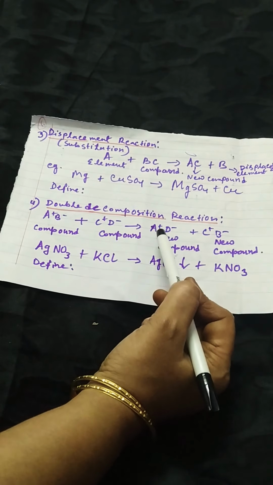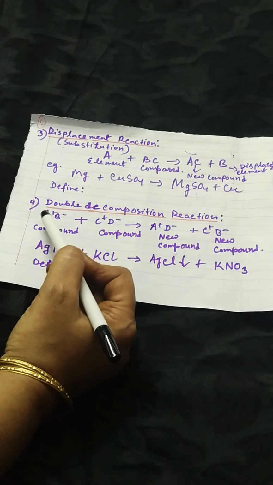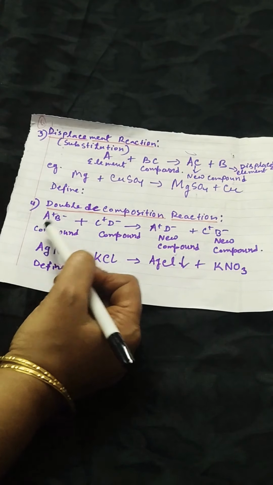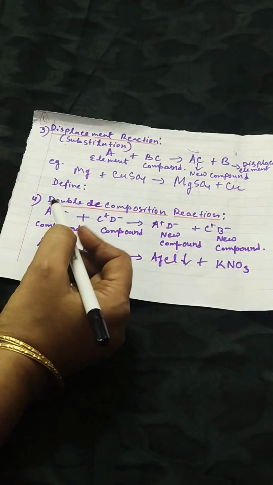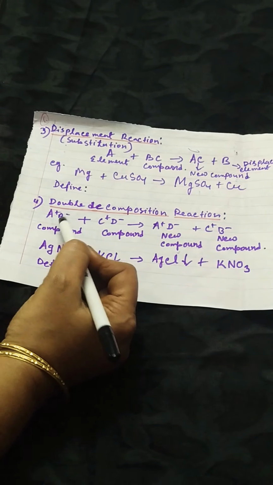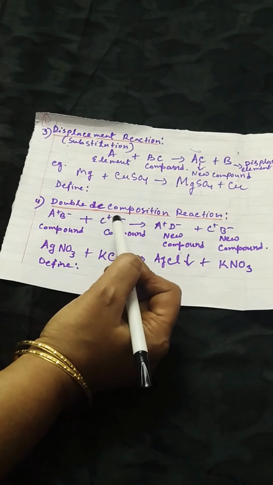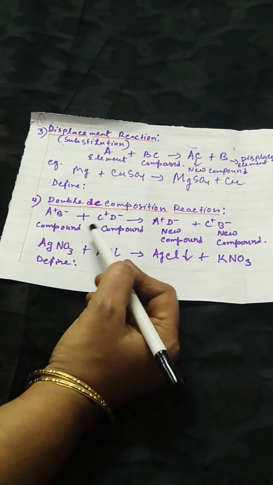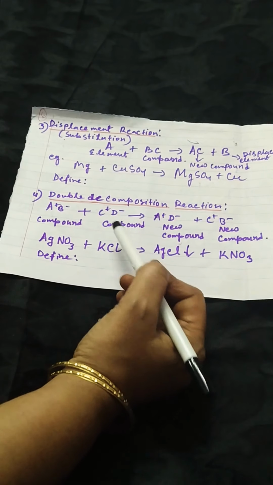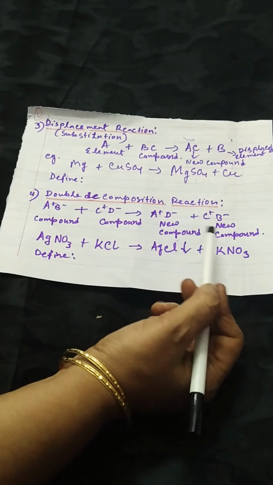After the reaction, what will happen? The AB will be broken down and CD will also be broken down. We'll get A, B, C and D as separate entities.